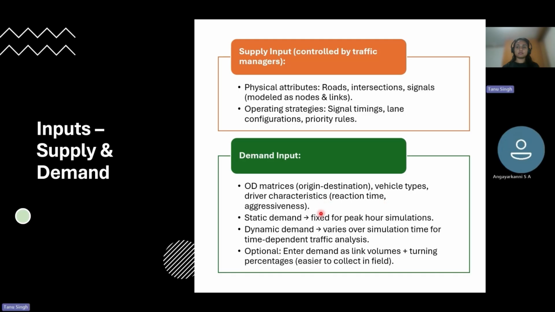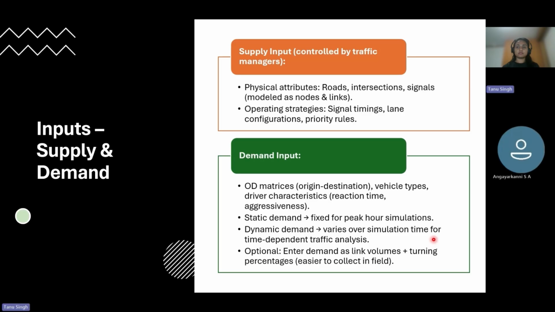The demand can be static, for a particular peak hour simulation, or dynamic, that varies over the simulation time if we are doing time dependent traffic analysis. Some models also allow us to enter demand as link volumes and turning percentages, which is easier to measure in the field.